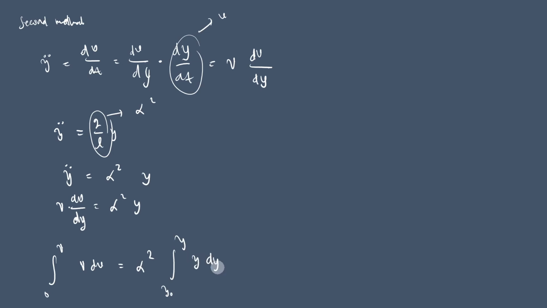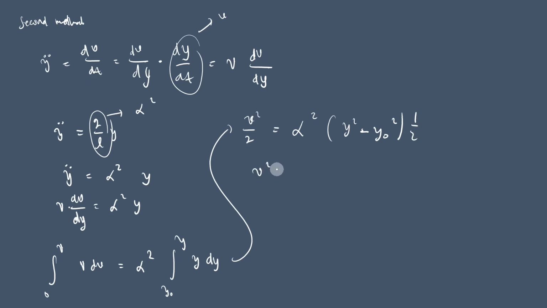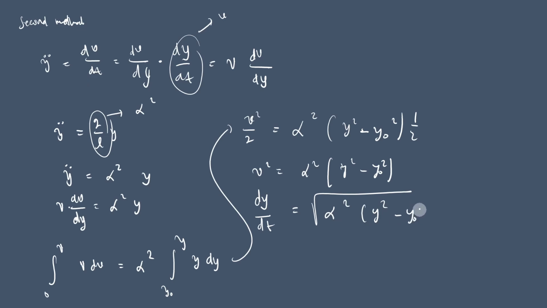The integral from 0 to v of v dv equals alpha square times the integral from y0 to y of y dy, and we get v square divided by 2 equals alpha square times y square minus y0 square, times 1/2. So v square equals alpha square times y square minus y0 square, and dy dt equals the square root of alpha square times y square minus y0 square.